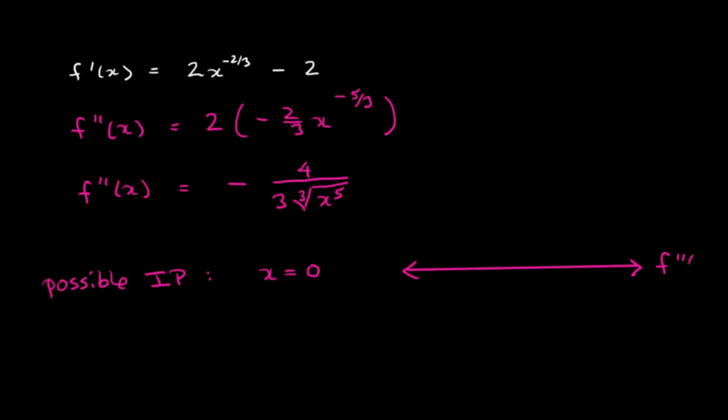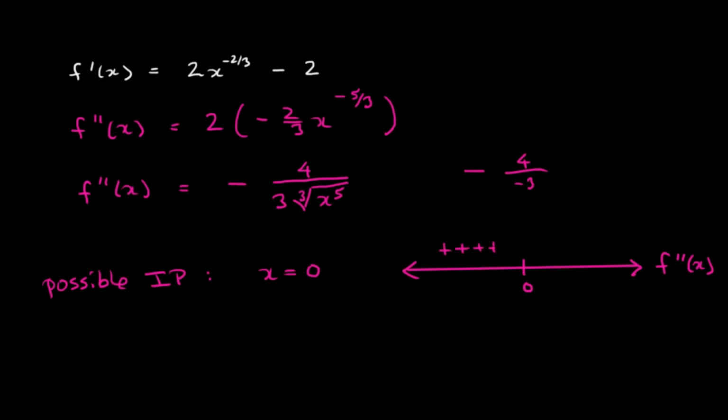I hate to say always, but I would say most of the time for sure. So our only possible inflection point is 0. So let's pick something to the left of 0. Negative 1's as good as any, and then I'm going to get the cube root of negative 1, so I'm going to get minus 4 all over a negative 3, since it's going to be 3 times that negative 1. So this is going to be positive to the left of 0.